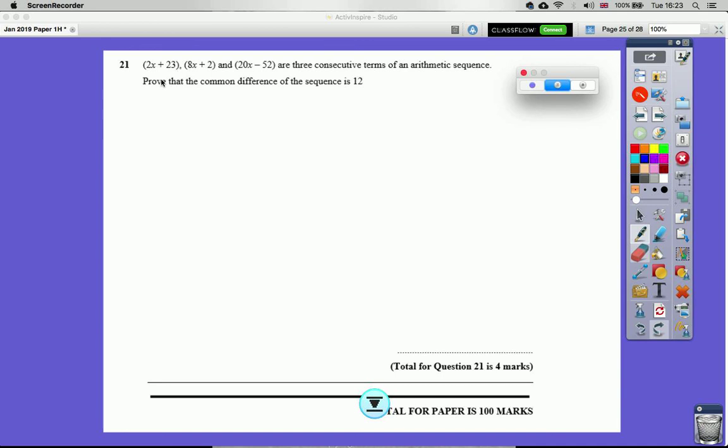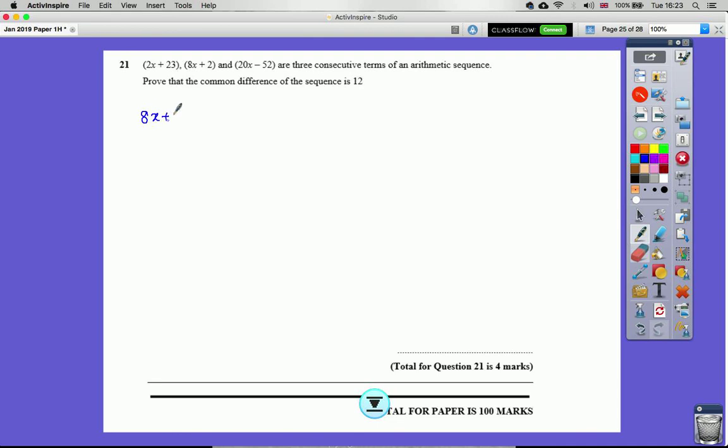Okay, so first let's find out the difference between these two terms. So I do 8x plus 2 subtract 2x plus 23. That will give you 8x minus 2x is 6x, and 2 minus 23 is negative 21, right?